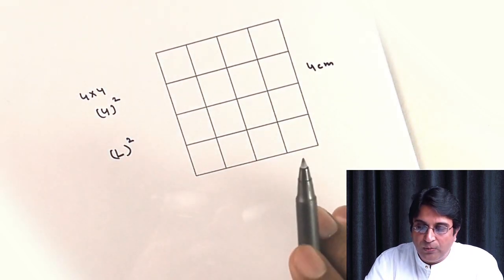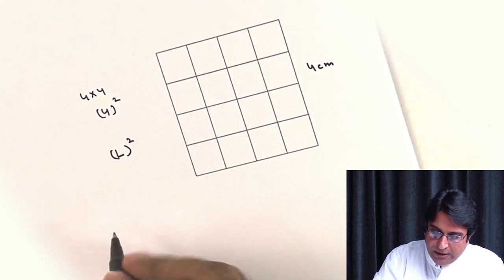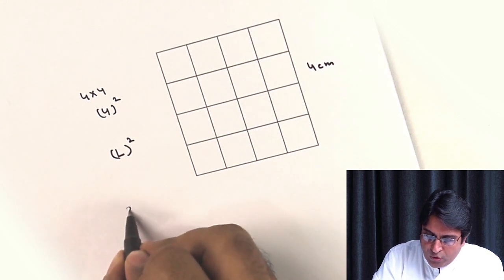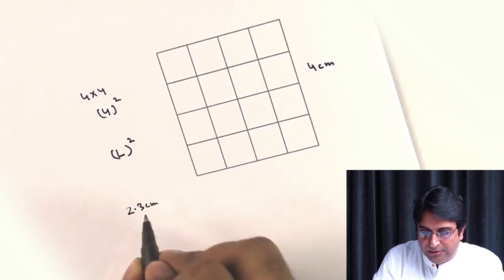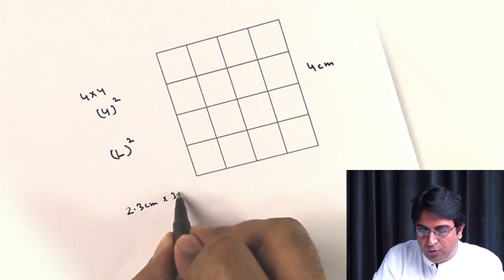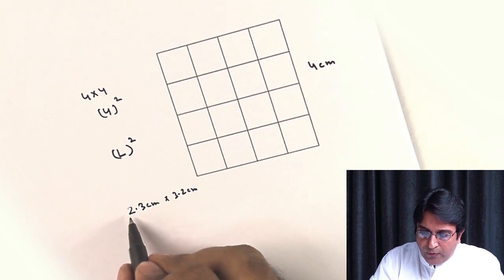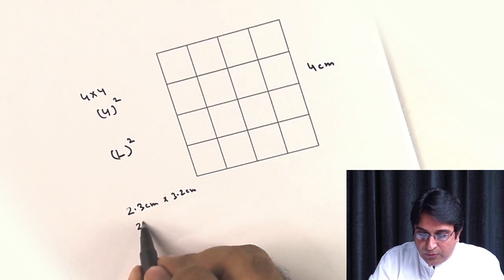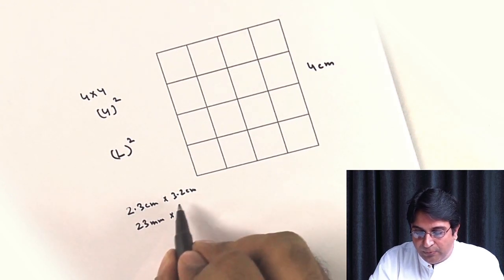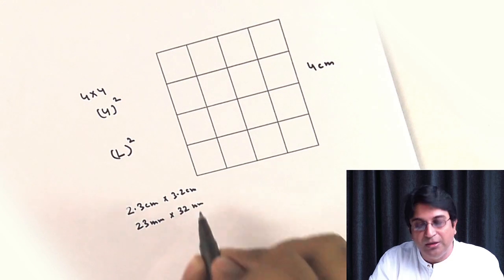And the same logic will continue even if you had, say, something like 2.3 centimeters by 3.2 centimeters. Now, even though there are decimals, how? Well, 2.3 centimeters is nothing but 23 millimeters. Similarly, 3.2 centimeters is 32 millimeters.